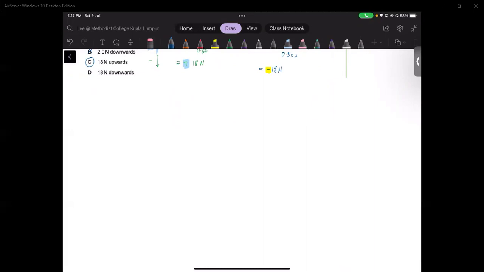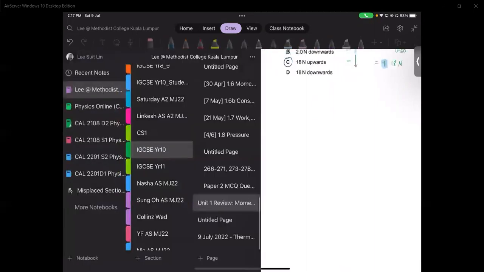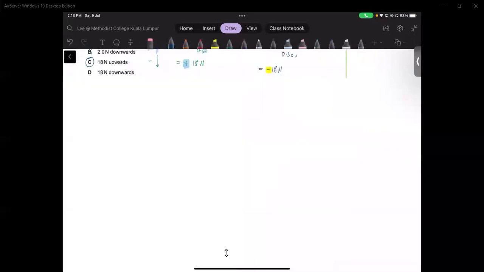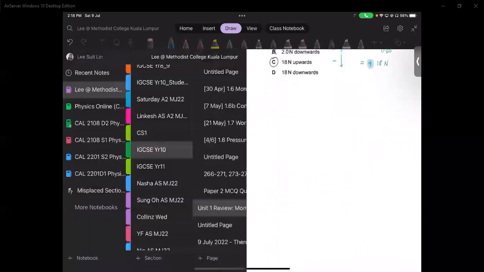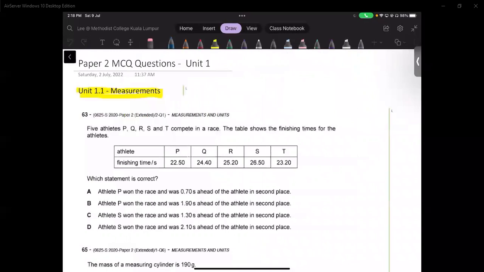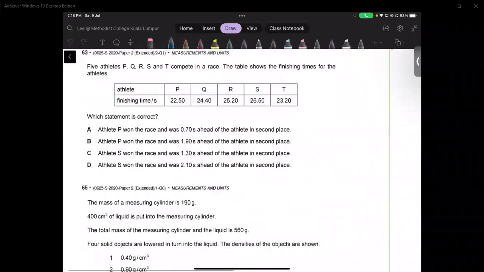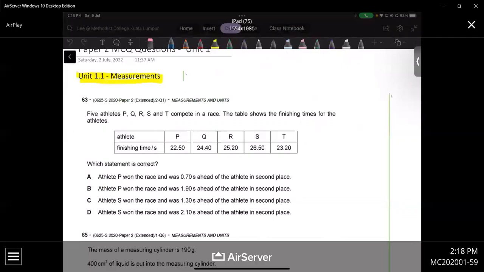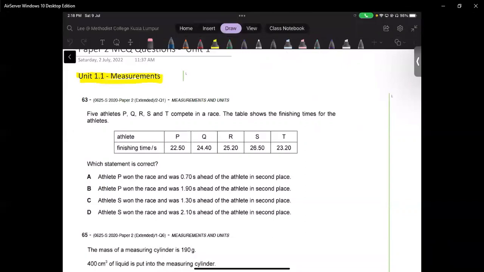No. Okay. So Unit 1 stuff is pretty standard, right?